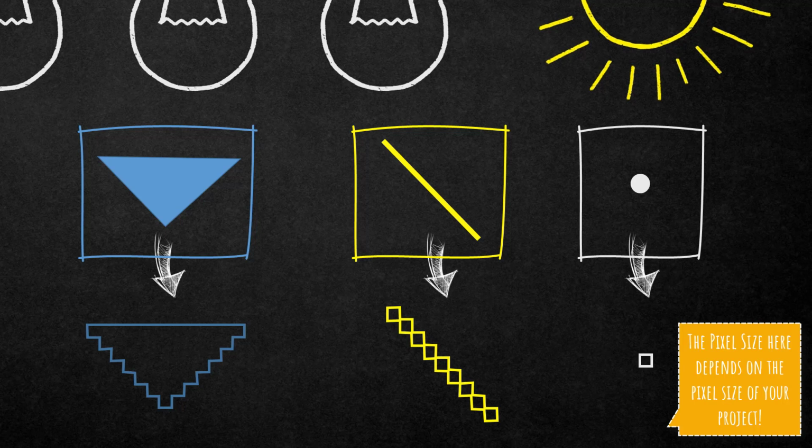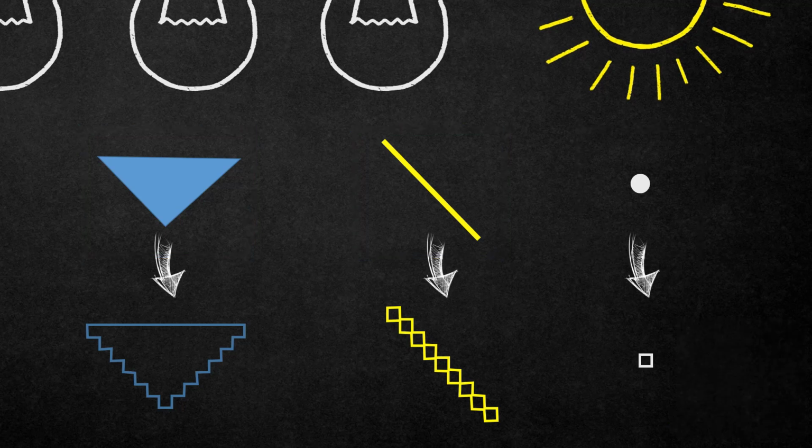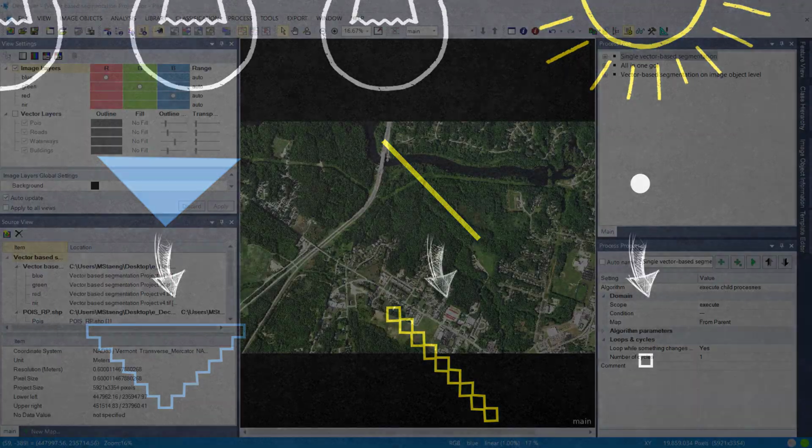And this vector-based segmentation simply transfers them into image objects. Each thematic layer that you use for segmentation will lead to additional splitting of image objects, so you increase the number of image objects created based on the thematic layers that you load. Let's open eCognition and see how this algorithm performs and how the results look.